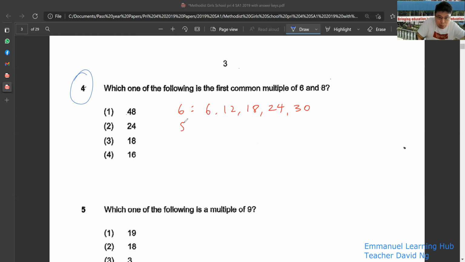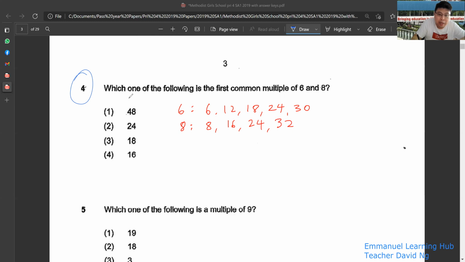Then after that, how about the multiples of 8? 8, 16, followed by 24, followed by 32.